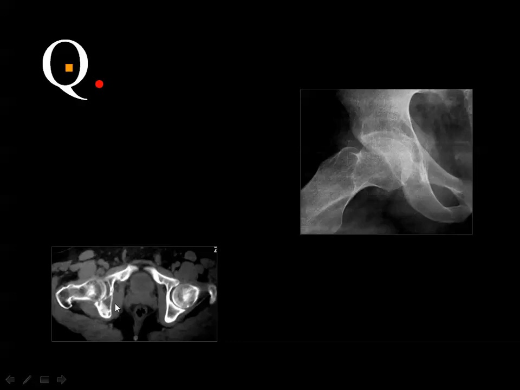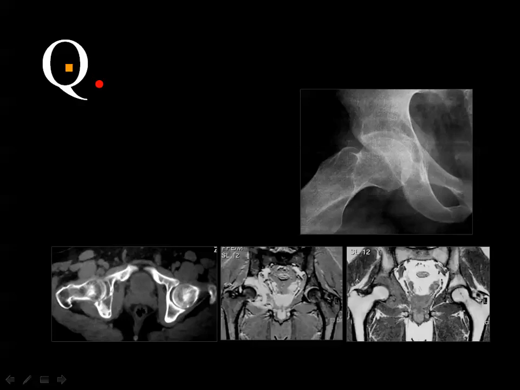And you got some bone sclerosis within the posterior part of the acetabulum, which is not evident here, but by MRI we can see that there is an infiltrative lesion involving the acetabular area as well as the ischium, which is a low signal in the T1 and high signal in the T2 weighted image.